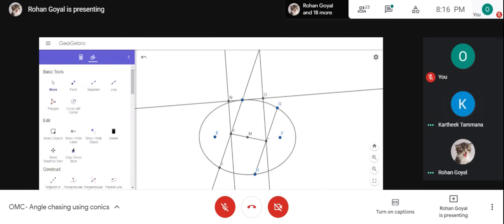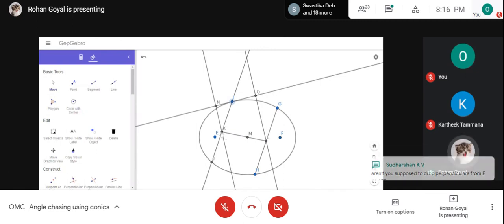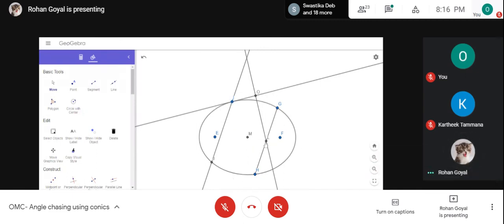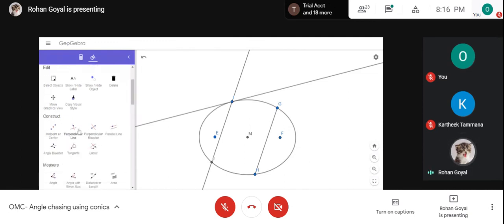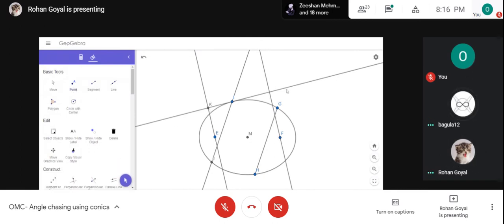So can you say the result again? If I take any tangent on an ellipse, then you... Oh, sorry, I'm going crazy. Yes, Sudarshan is correct, of course. Perpendiculars from E and F, because E and F are actually isogonal conjugates. I was being weird.